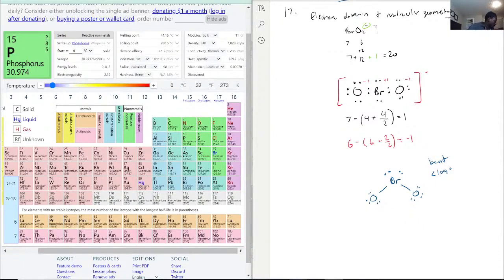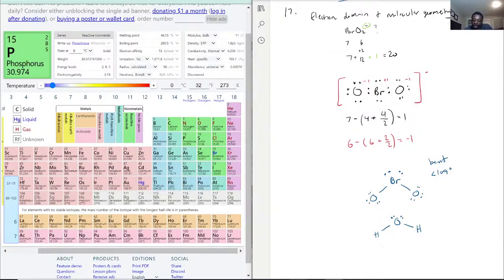Point being, the reason we know it's bent is because this is a much more complicated form of something we're more familiar with: water. Water is also a bent shape, because it has the 2 lone pairs floating above it. This is also the bent shape.